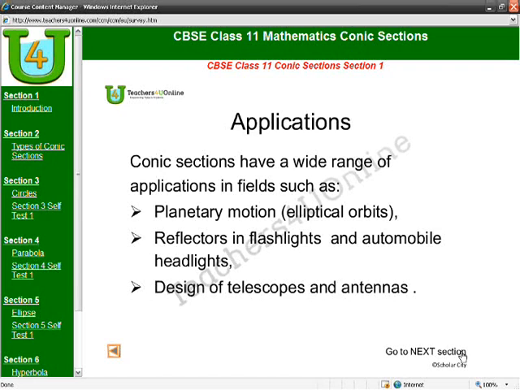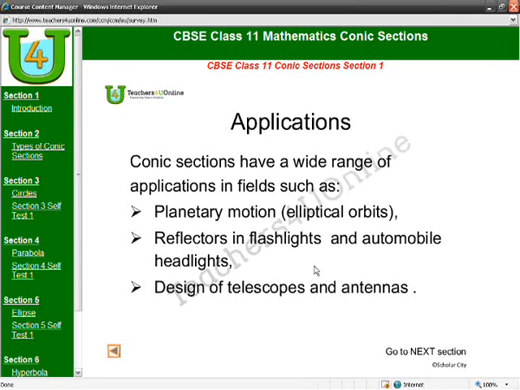Now, conic sections have a wide range of applications in various fields, such as you have learned about the planetary motion. Now, the planets always revolve around the sun in an elliptical orbit. That is, the orbit of the planets around the sun is an ellipse. It is elliptical in shape.